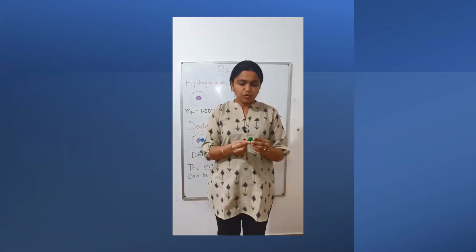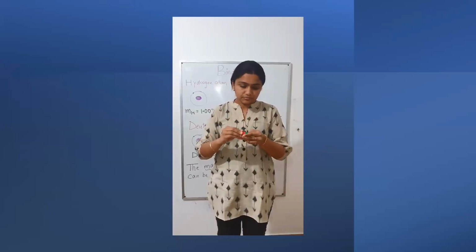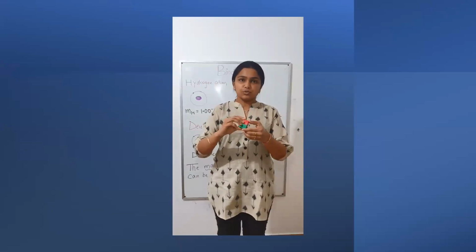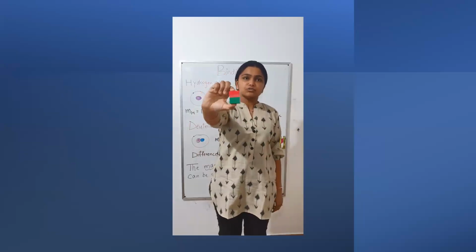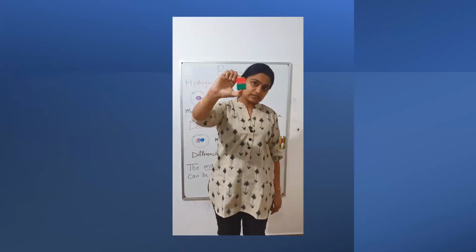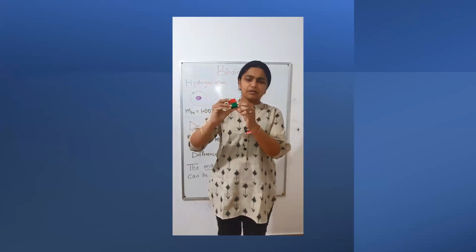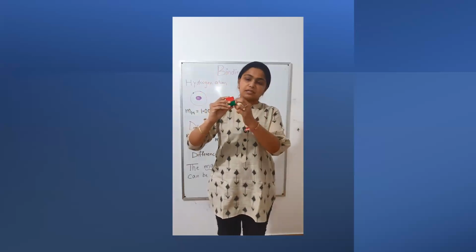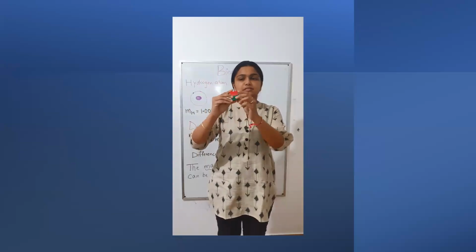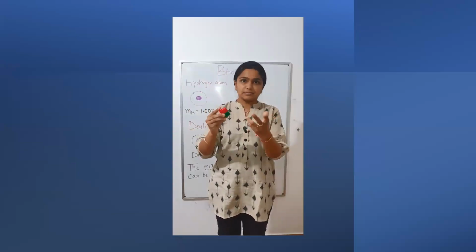Now I'm going to form a shape, any shape, out of these 4 pieces of Lego. If I ask you, what is the total mass for this figure I have made of Lego? You will say 1 gram plus 1 gram is 2 grams, plus 2 grams is 4 grams, plus 2 grams is 6 grams.